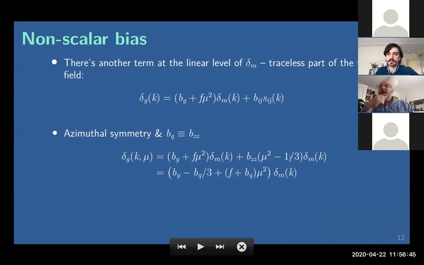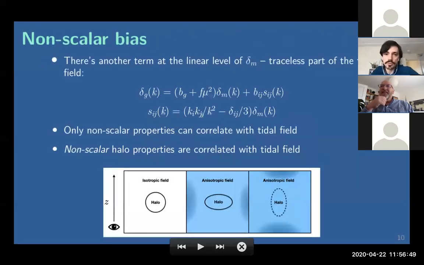What happened to all the k's and everything else? Are they gone too? If you only consider the radial one, that's like k_z over k squared. That's mu squared.